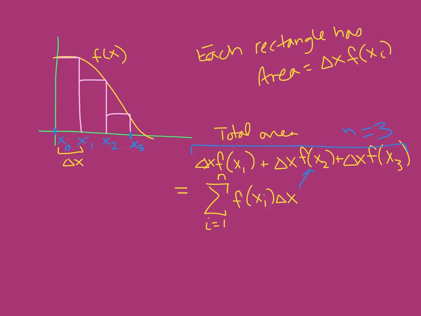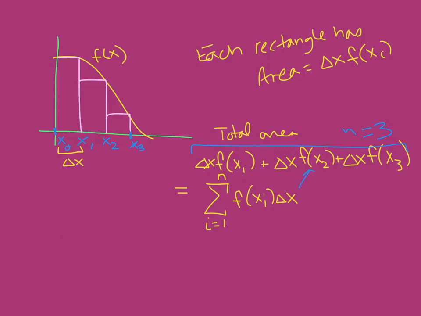Now, in order to get a better approximation of an area, like in this one, the area approximation is not very good. We have these empty spaces here that are not taken into account when we do that right Riemann sum there. So we don't like to have those empty spaces.